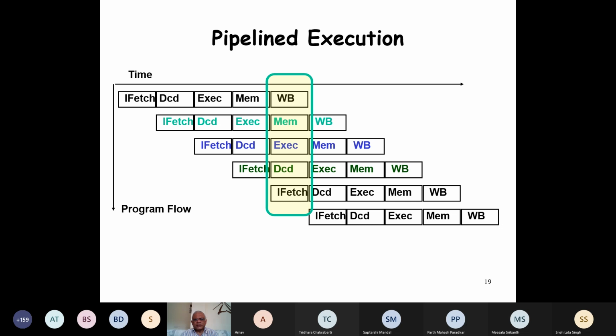And the first instruction, after decoding, is executed, and the second instruction is decoded at the same time, and another instruction is fetched, and so on. So at any time, there are 5 instructions undergoing parallel execution.